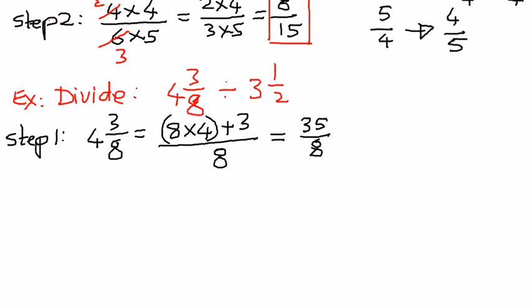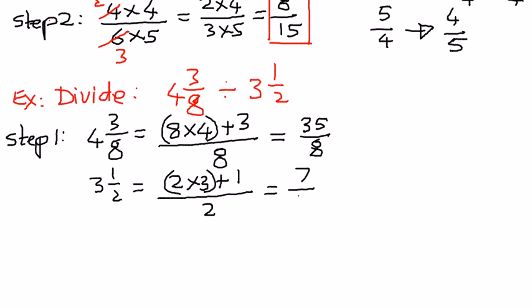We'll keep that. We simplify the second mixed number, which is 3 1/2. We do the same process. Take the denominator, multiply to the number on the side, take the product of that, and then add the number 1, which is in the numerator of the fraction, and then divide that whole expression by the denominator of the fraction. 2 times 3 is 6. 6 plus 1 is 7 divided by 2.